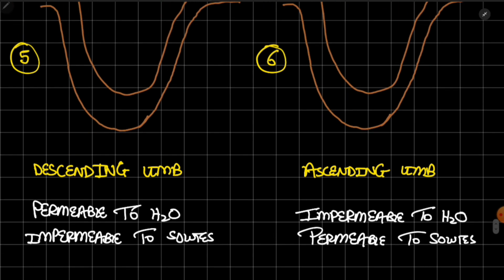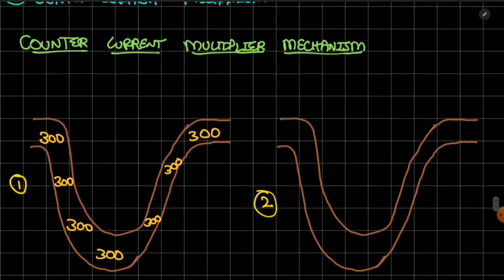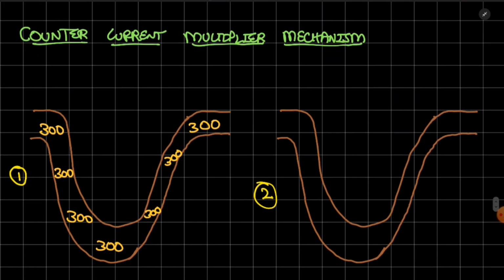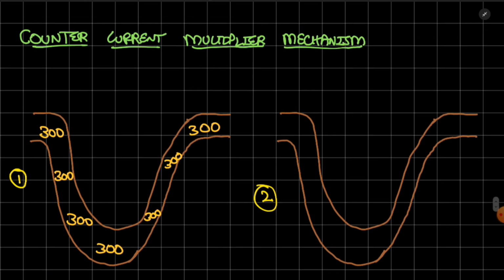Now this concept will be applied here. The osmolarity is 300 osmol per liter.